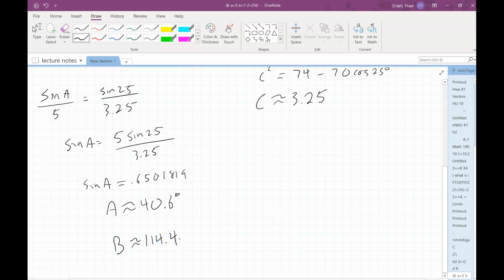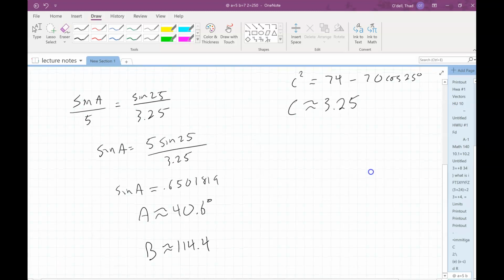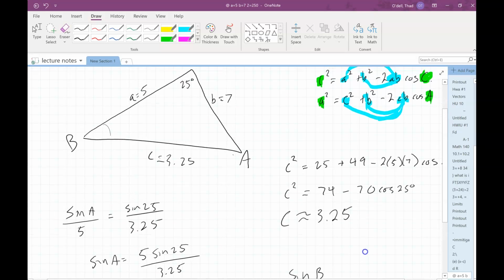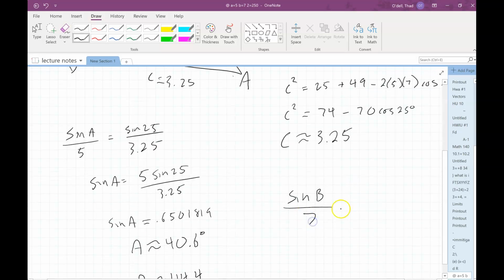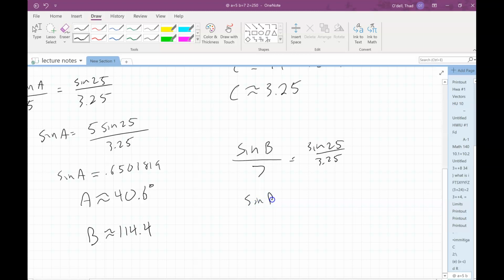Now, just so you can see what happens if we would have done this, remember I said find the last angle by subtracting from 180 instead of using law of sines. Let's show you what happens when I do law of sines. Let's do law of sines for B, and that means we have 7 there, and that would be equal to sine of 25 over 3.25. If we solve that, sine of B is equal to 7 sine of 25 over 3.25.